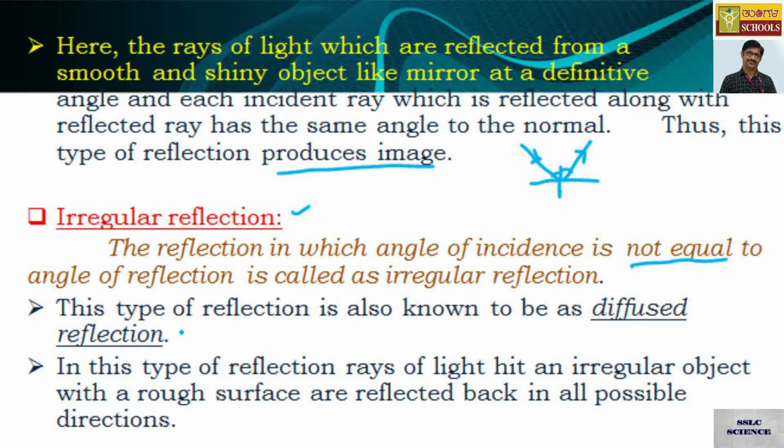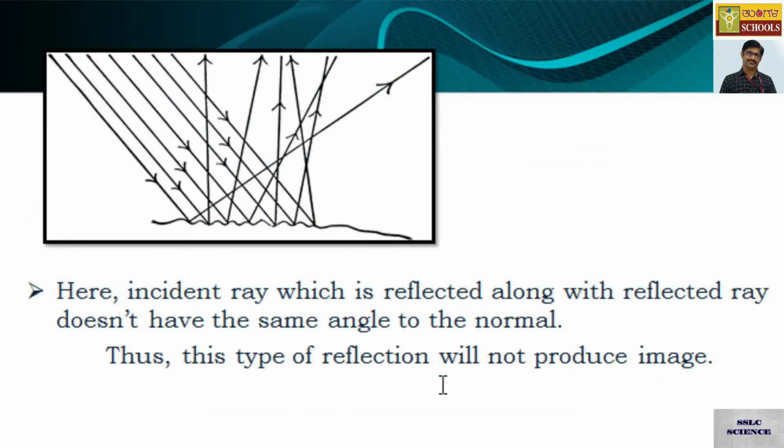It is also known as diffused reflection. In this type of reflection, rays of light hit an irregular object with a rough surface and are reflected back in all possible directions. So let us take this picture.